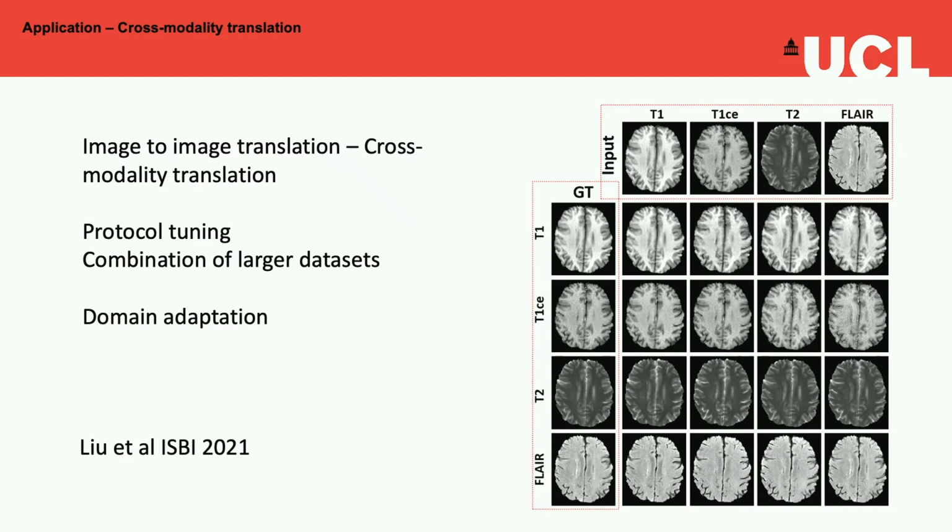So I have a T1, I want a T2, and you need to train your full cycle GAN or VAE or whatever. In that example, it's slightly different, in that they are able to do multiple modalities at the same time, where they have actually a way of saying, well, I want to put that image in the style of a T1 contrast enhanced, or of a FLAIR, or of a T2, etc. And that may be useful for specific cases where, according to your protocol, you may have just one of them or two of them missing for whatever reasons or whatever happened during the scanning session.